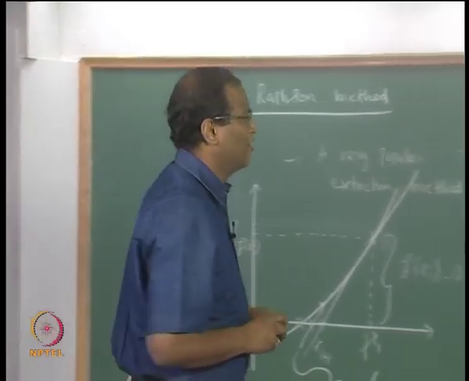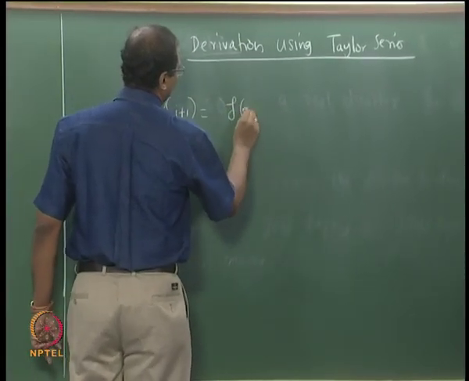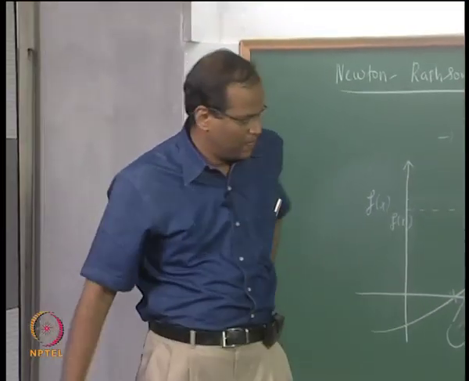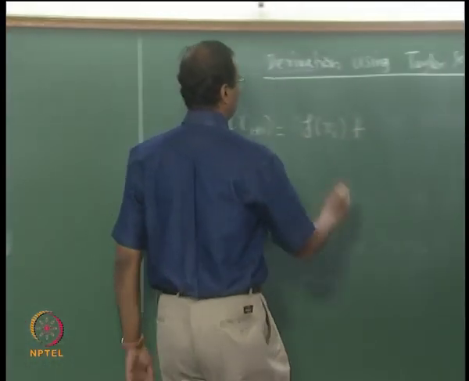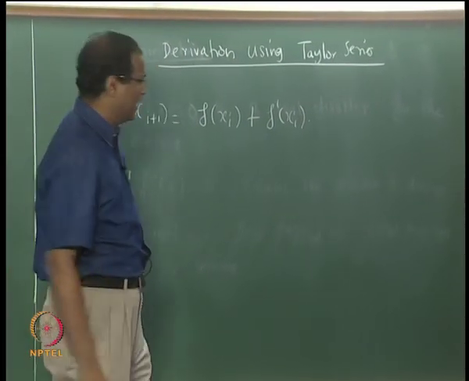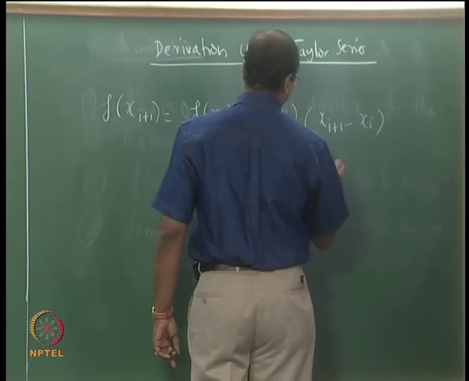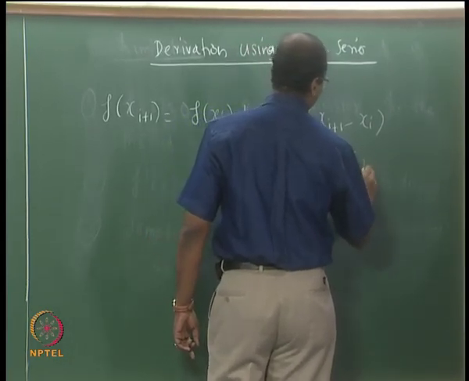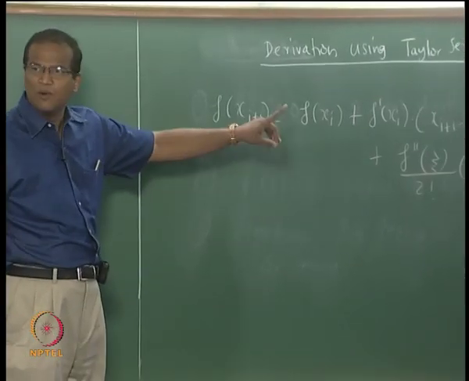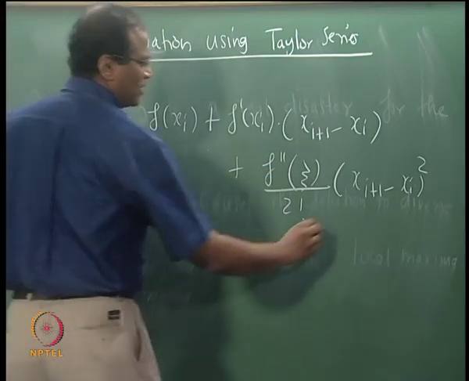F of x of i plus 1, we can call it x of i plus 1, where xi is somewhere between xi and xi plus 1, right? This term plus higher order terms.